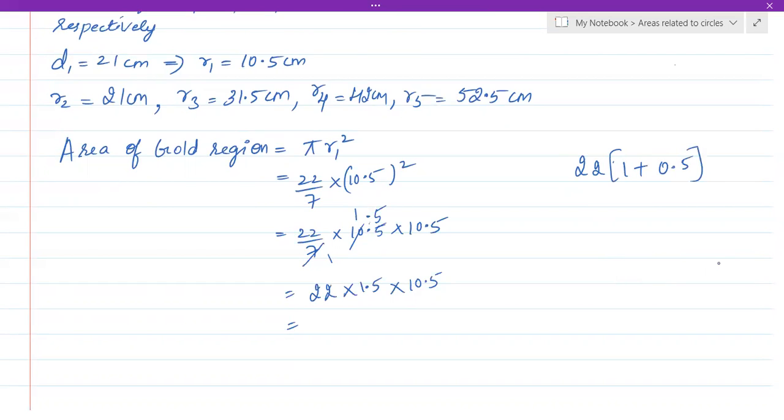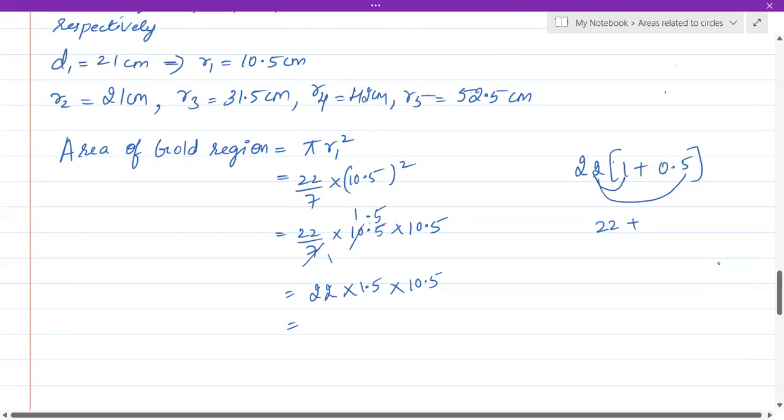Now let's multiply. What is distributive property? This 22 should be multiplied for both, isn't it? So 22 into 1 is 22 plus 22 into 0.5. See, 0.5 is basically half, 1 by 2. So if you multiply any number by 0.5, it reduces to half of it.